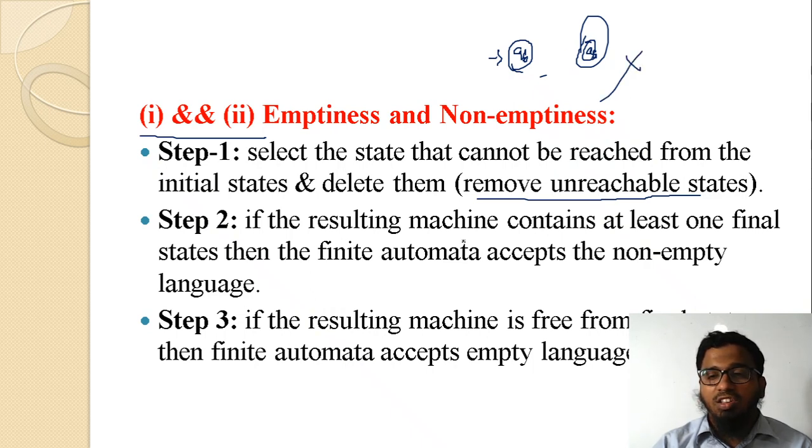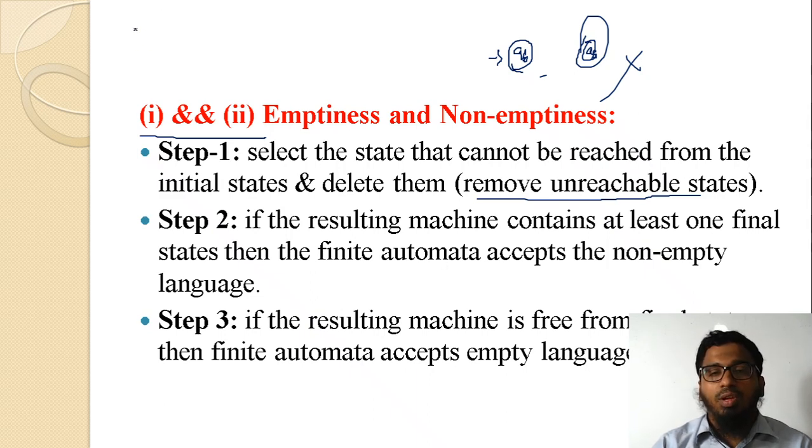Step 2, if the resulting machine contains at least one final state, then the finite automaton accepts a non-empty language. Step 3, if the resulting machine is free from final states, then the finite automaton accepts the empty language.